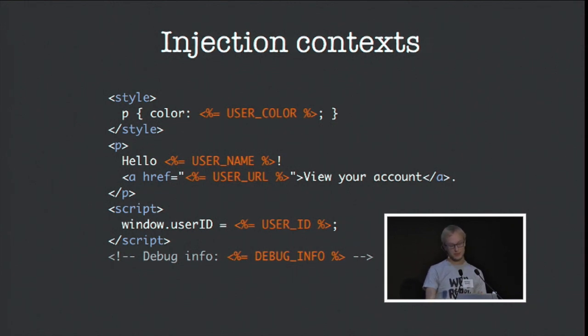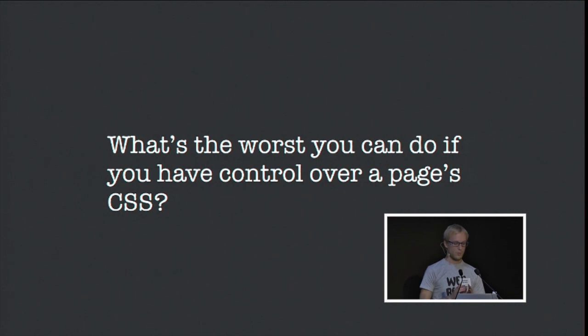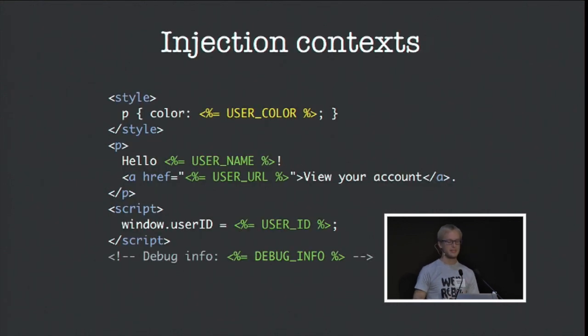Now that's using JavaScript, but this is a CSS conference, so let's shift our perspective here. What can we do if we have full control over a page's CSS, but nothing else? What's the worst thing we can do as an evil hacker in that case? In other words, what if all these injections that we talked about are sanitized properly, except for the first one?